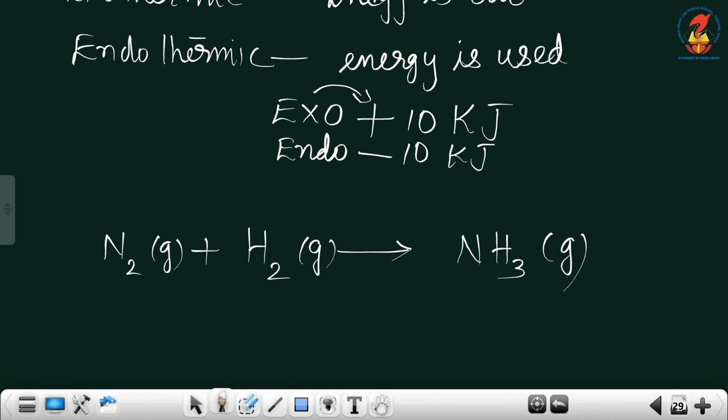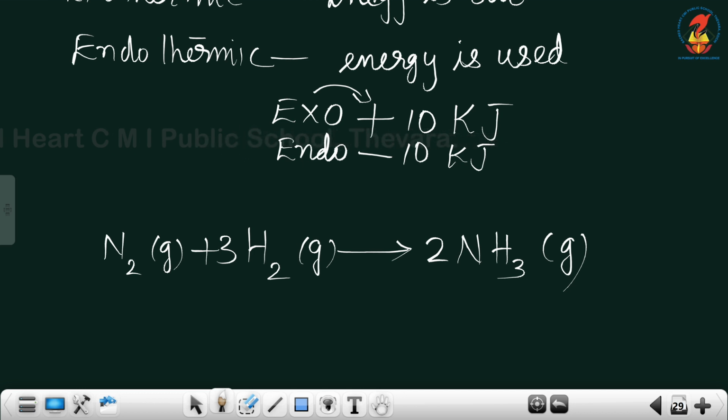Now we can balance the equation. Here it is 3 hydrogen, here it is 2, and here it is 2 nitrogen. So we equate the nitrogen first by multiplying the right side by 2. Now hydrogen is 6, and here it is also 6. So this is a balanced equation: N2 plus 3H2 gives 2NH3.